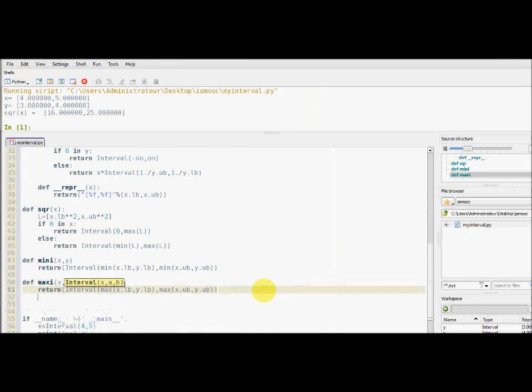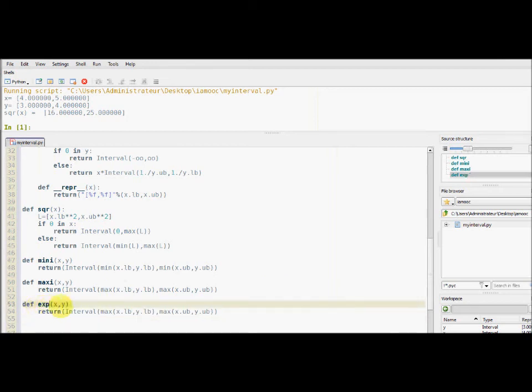I need also the exponential, which is monotonic, so it's not very difficult. For the exponential, I will have only x. Of course here, double dot.